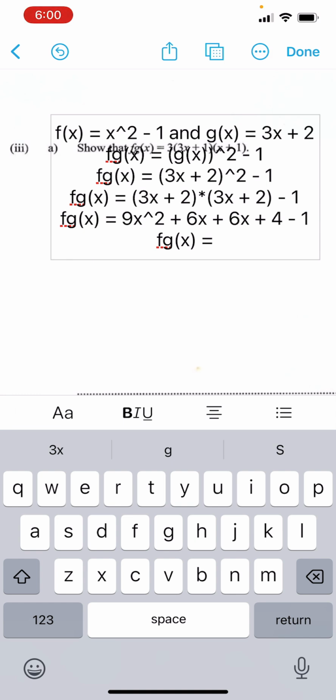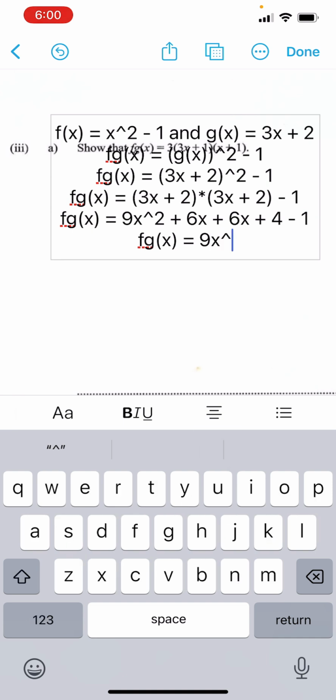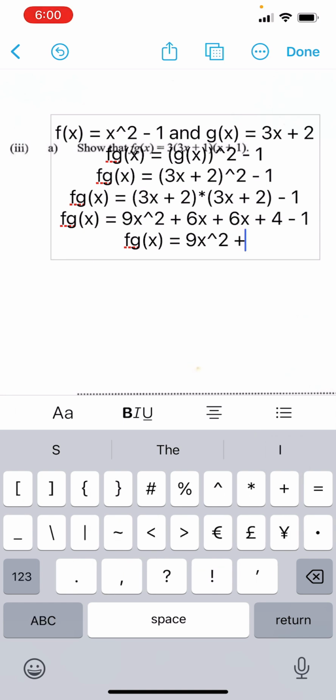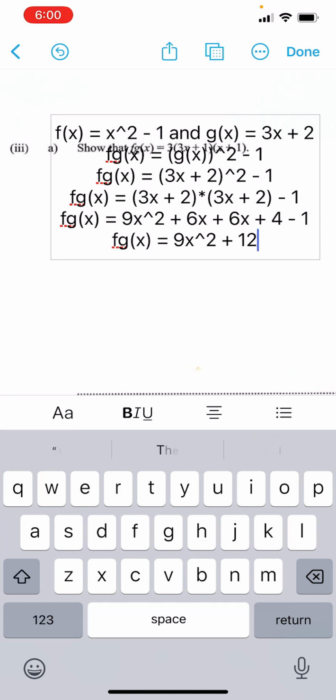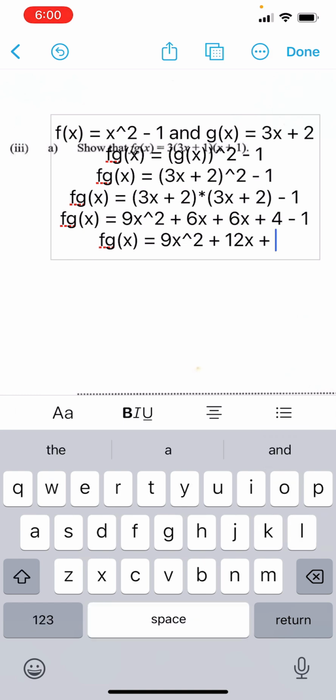Another like term is 4 and -1. They don't have x at all. So we're going to write back 9x squared because it doesn't have a like term. And then it's going to be plus 12x. 6x plus 6x is going to be 12x. And then this is going to be 4 minus 1, which is going to be a positive 3.